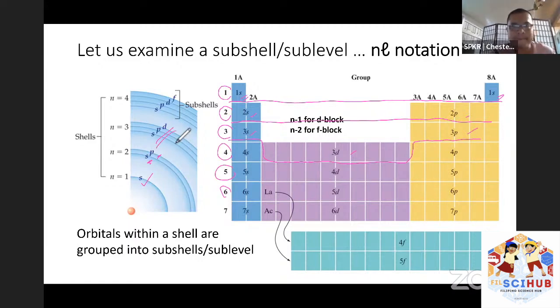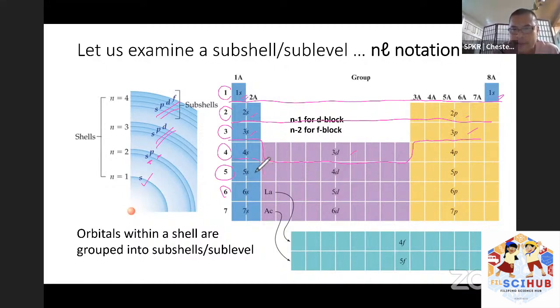Very good, di ba? Pag pinakita natin to sa estudyante, mas ma-absorb nila kasi parang mnemonic device na yung periodic table. And then n equals 4.